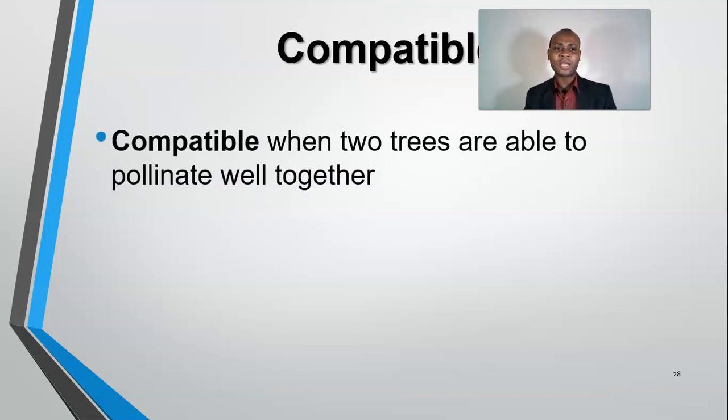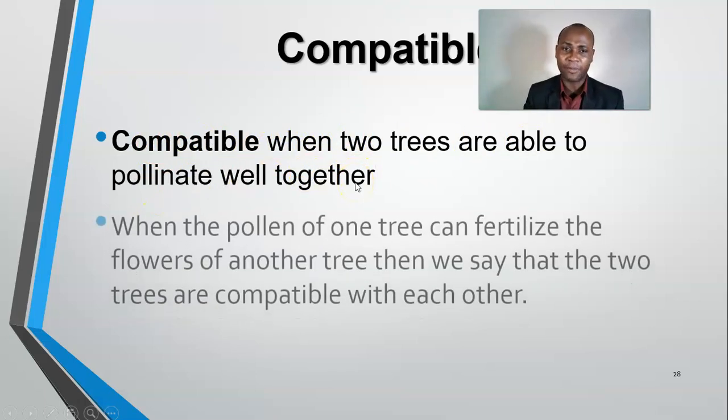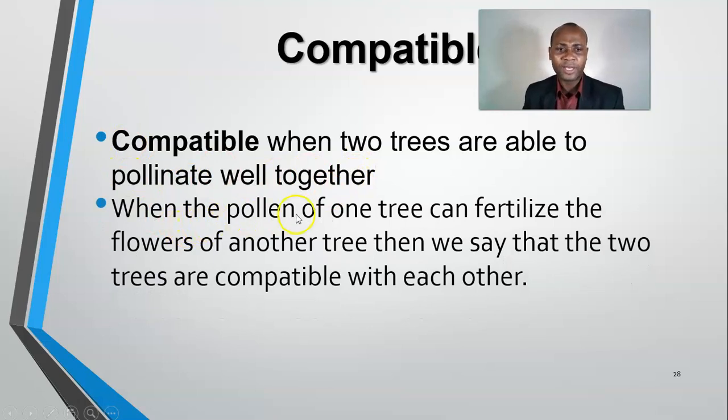Okay, so now let's talk about compatibility. When two trees are able to pollinate well together, we say they are compatible. When the pollen of one tree can fertilize the flowers of another tree, then we say that the two trees are compatible with each other.